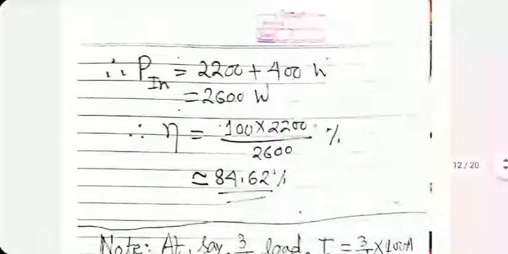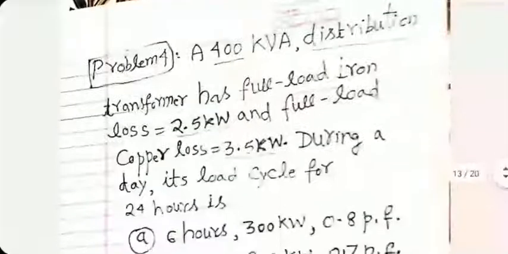So efficiency also improves as load goes down. It was 84.62% at full load. It rose to 88% at 3/4 load. If you do at half load, it would further improve. Of course, that is not economical because you are not using the transformer to its best capacity.